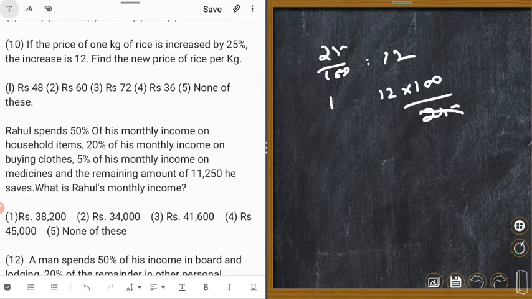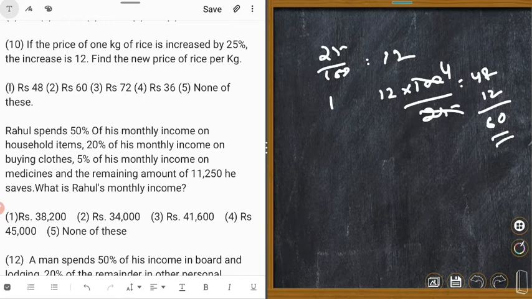So, 25 4 the is equal to 48. Could you understand? 48. So, this is the original price. And it is increased by 12. So, this is the increased amount. So total is equal to 60. So the new price of rice is 60.